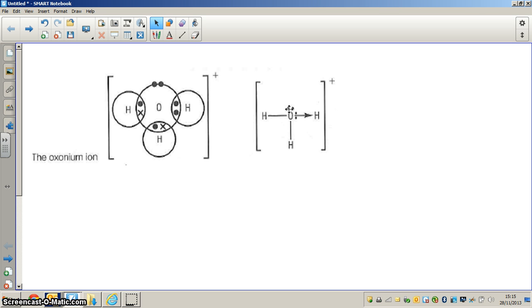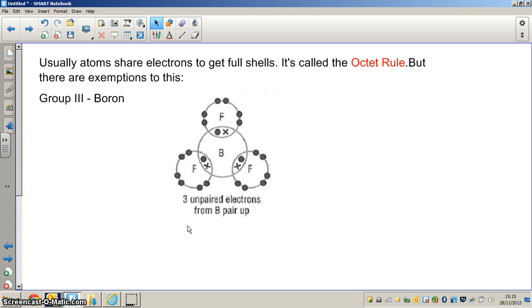Now, just moving that on then, there is a tendency to think about full shells and 8 electrons, and that is a general rule. What we normally have is something which we call the octet rule, where we try and get a complete outer shell with 8 electrons in.